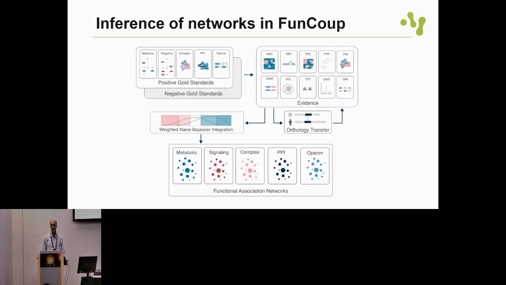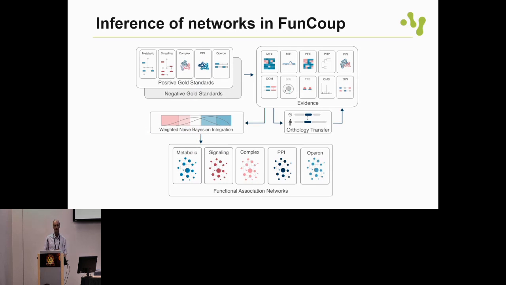It's constructed with a method called weighted naive Bayesian integration. Essentially, we have positive gold standards, a sort of reference data set, and negative gold standards.